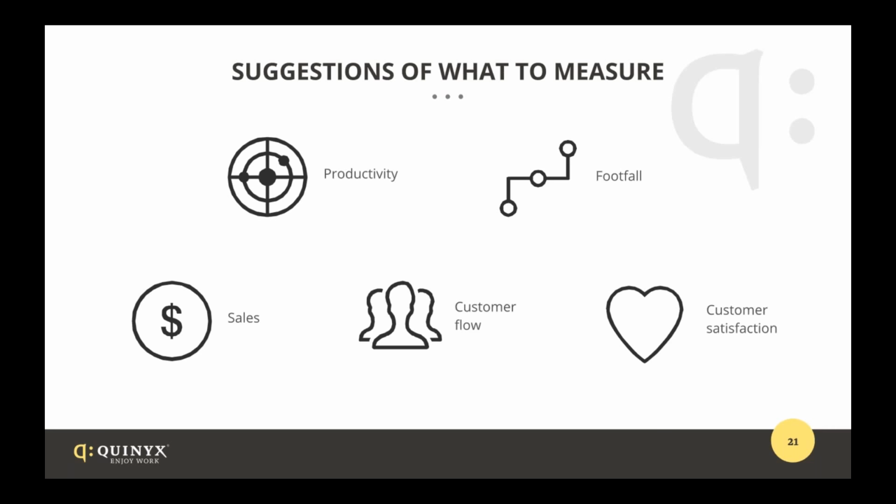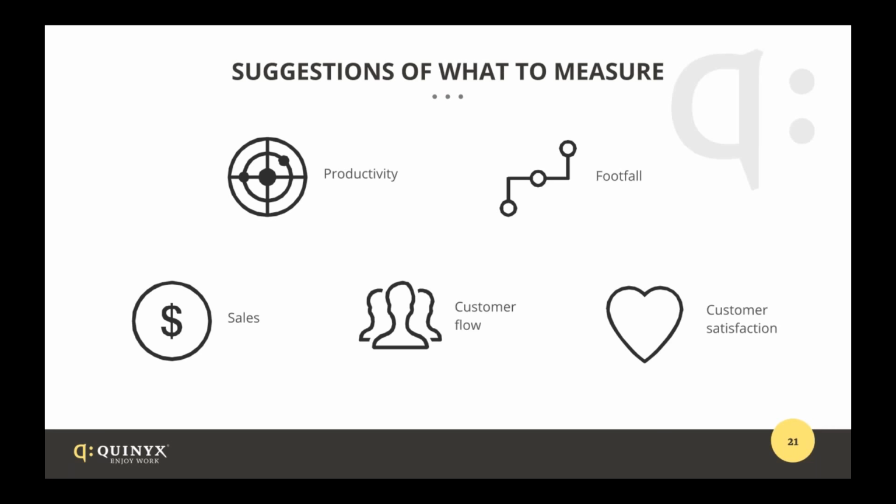So I mean, these four are the most common ones to measure, and these usually are pretty easy to pick up. Sales, you have that in your POS system. You measure sales, you have it available. Footfall, customer flow, there are guest counters usually in most places, especially in stores, and it's quite easy to measure how many people move in and out of your business.